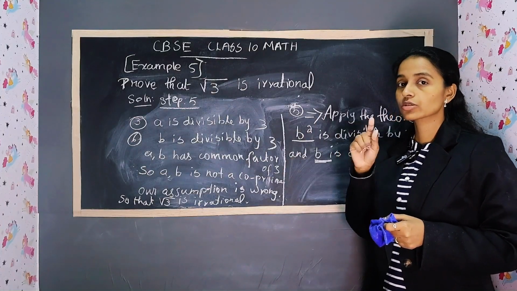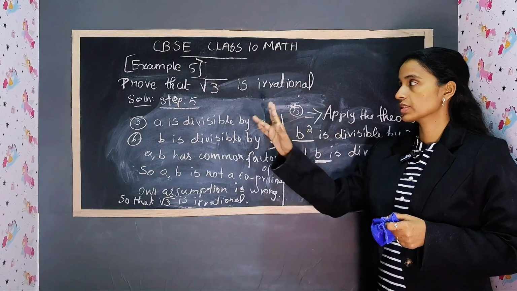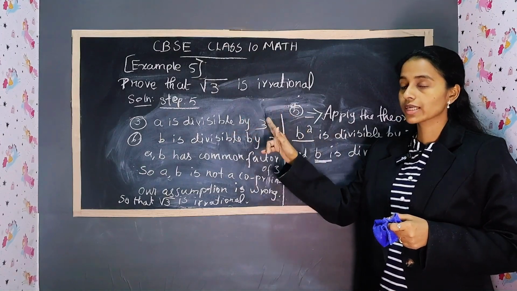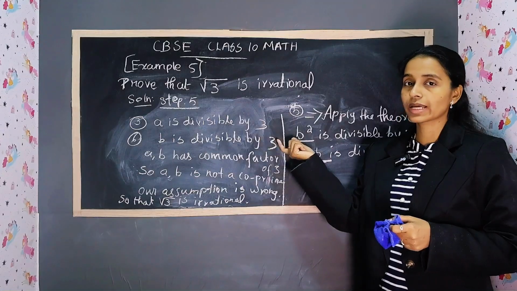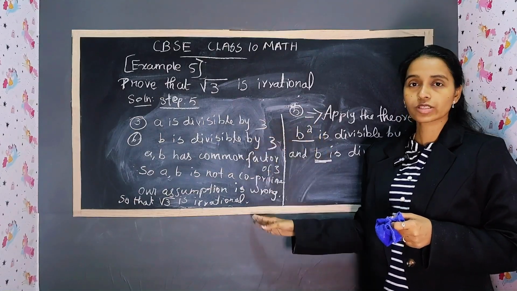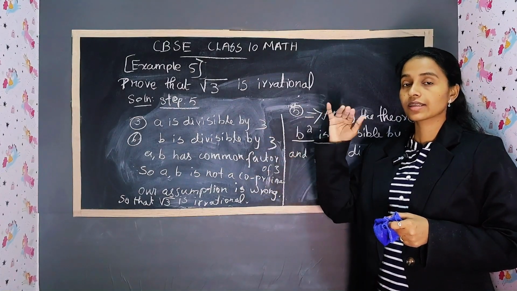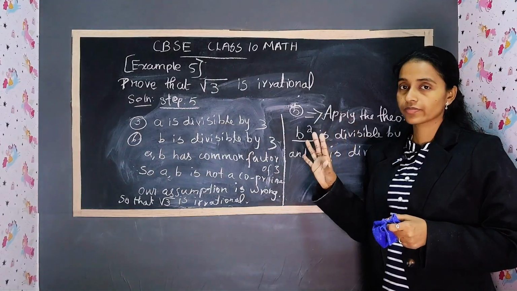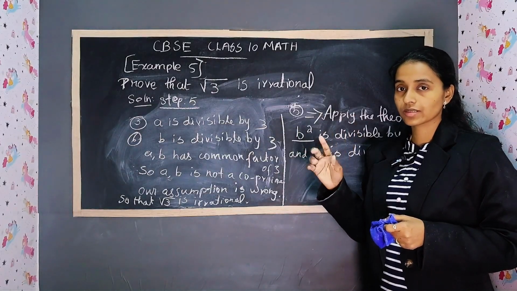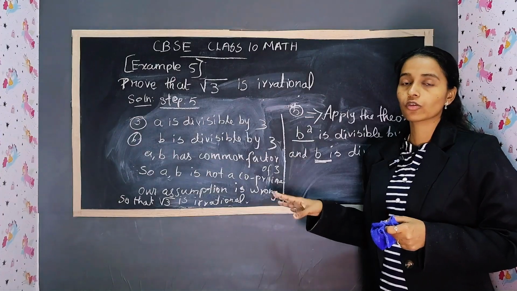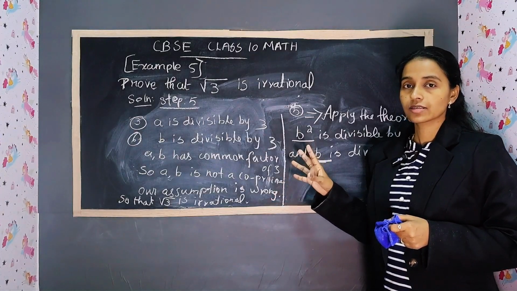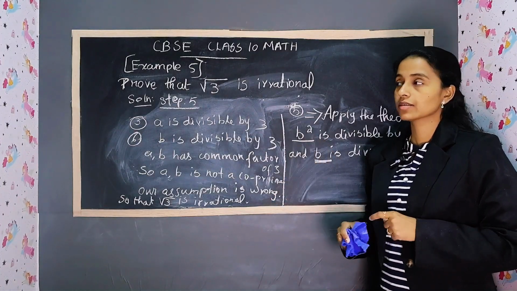The question is square root of 5, here it is square root of 3. You can follow the same steps, but the prime would be 5. Here we are using 3, and in that problem we have to use 5. That's the difference between this and that. But all the steps should be the same. You can find the answer.